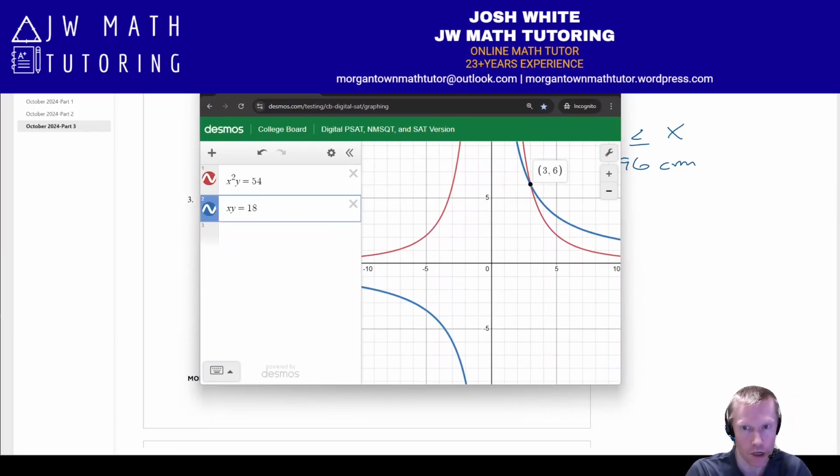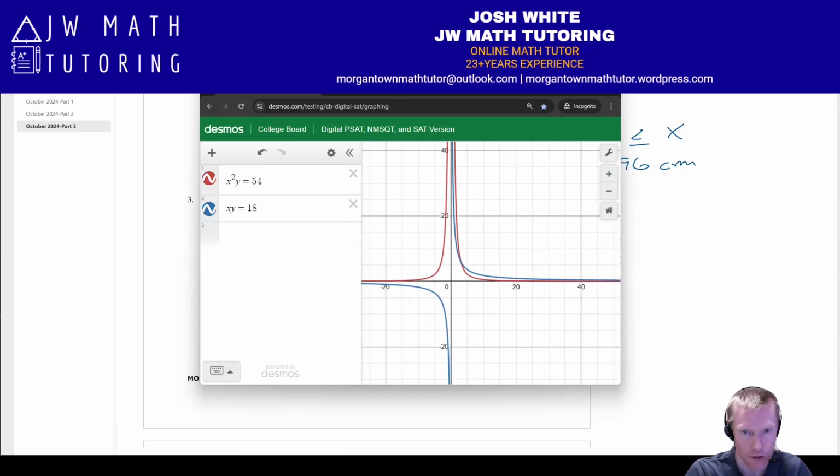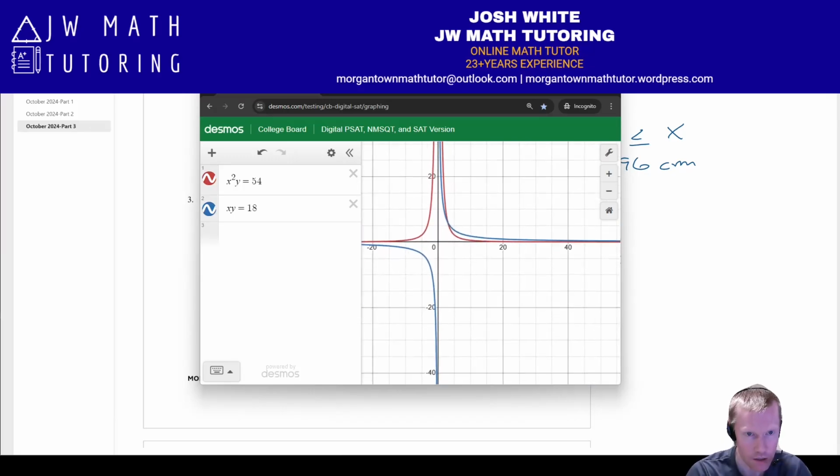So here's one at 3, 6. Do we have any others? Doesn't look like it. I don't see any gray points highlighted.